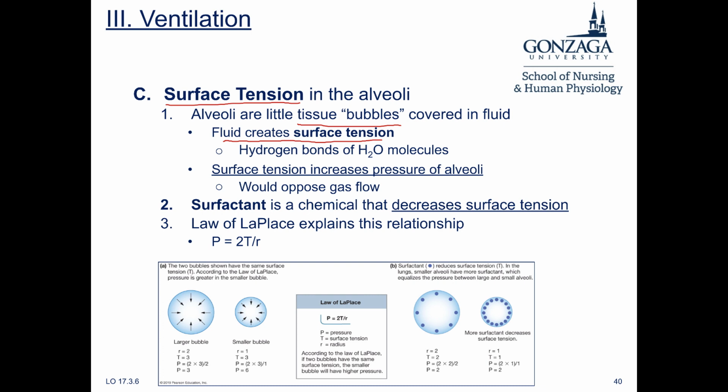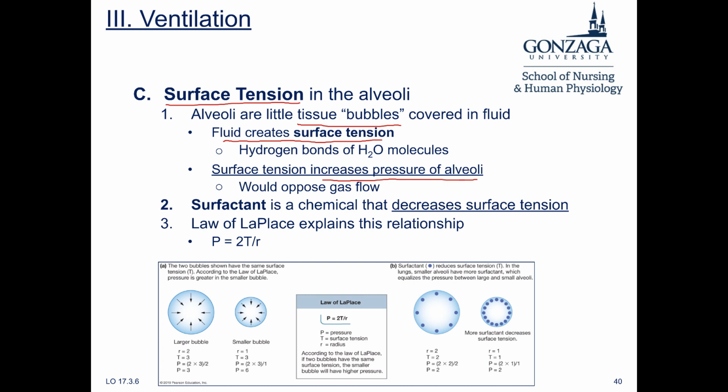And the point here is that surface tension actually increases the pressure of the alveoli, which would oppose or make it harder for gas to diffuse. Okay, so typically, if you have too much surface tension on the alveoli, this would slow down the rate of gas exchange. This is bad.